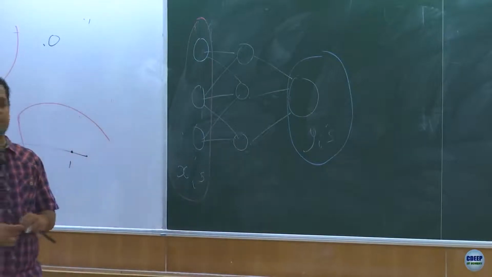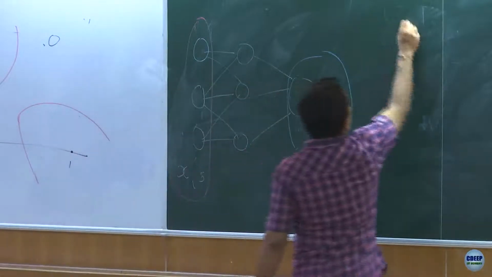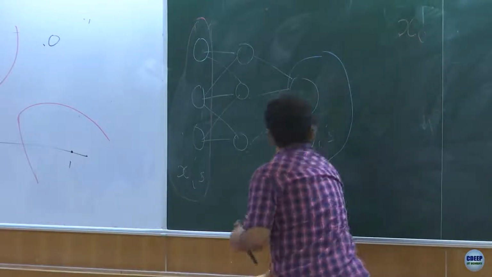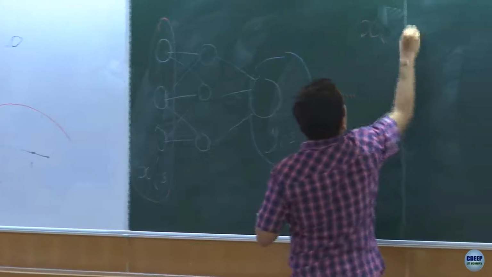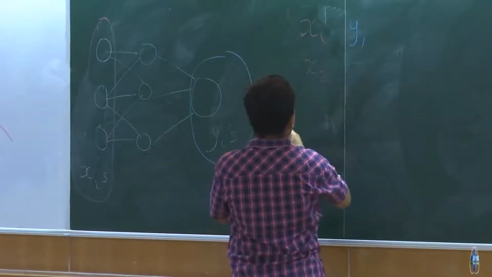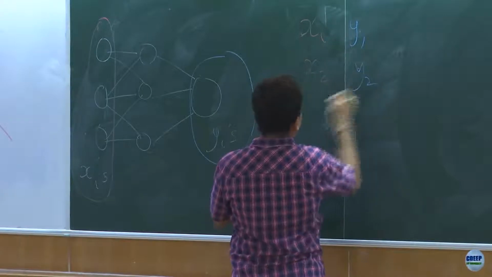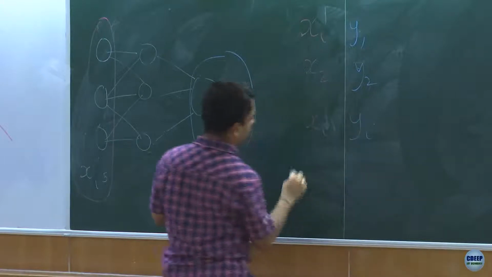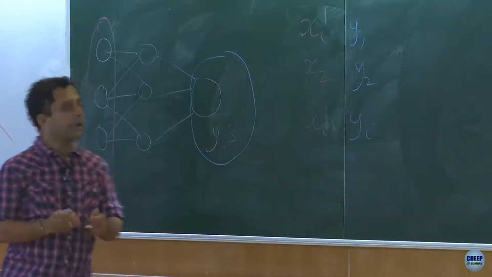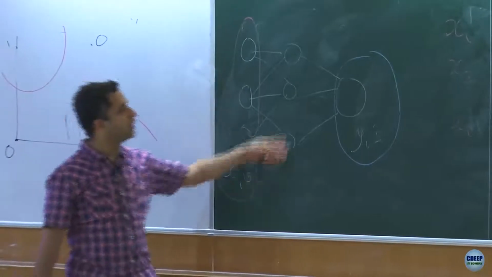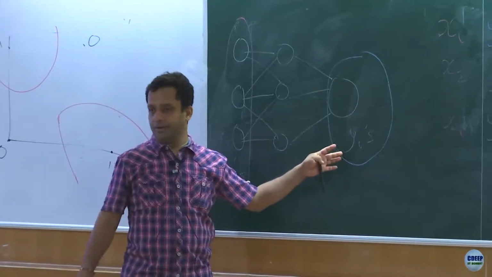For my training examples, which are x1, y1, x2, y2, in general xi, yi, I observe the input layer, I observe the output layer, right.